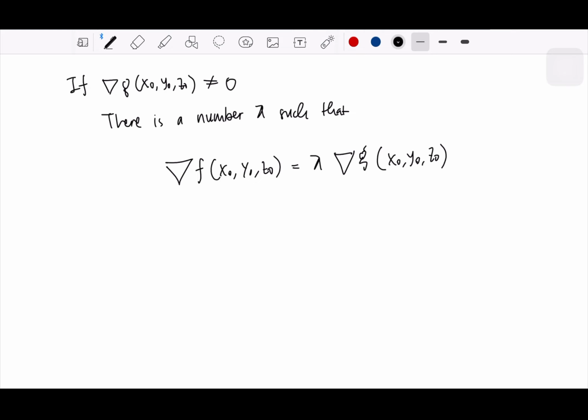The number lambda we call the Lagrange multiplier.